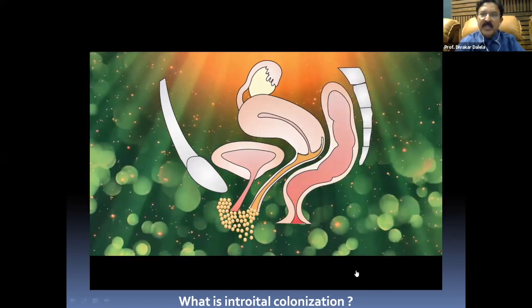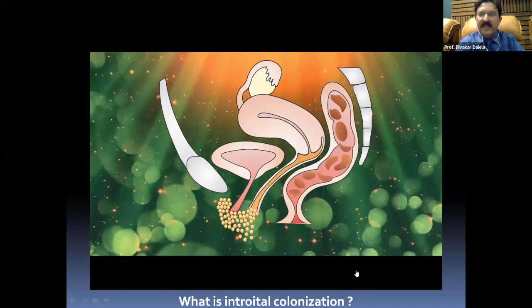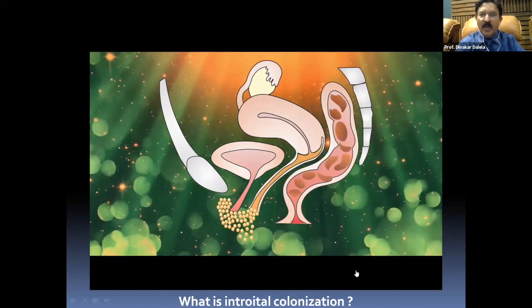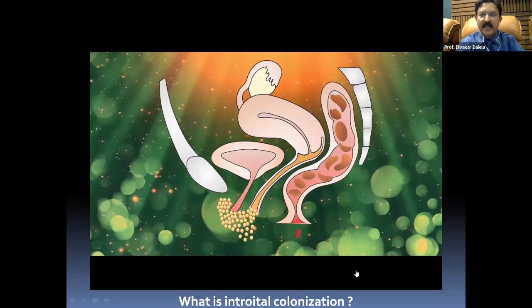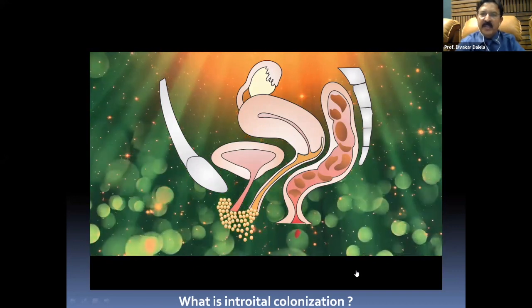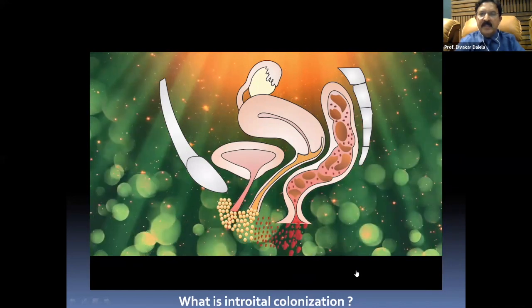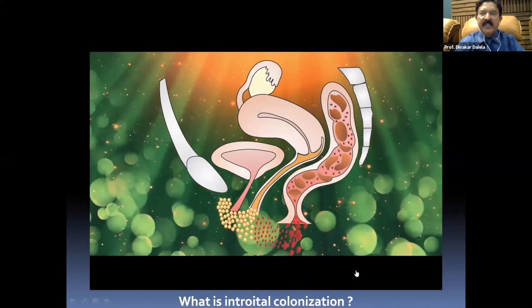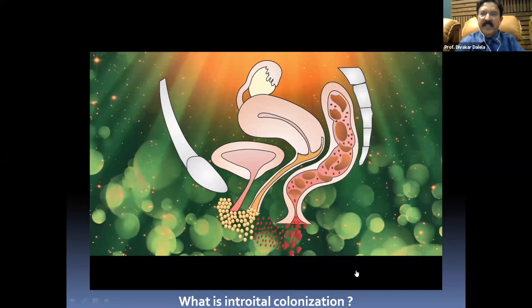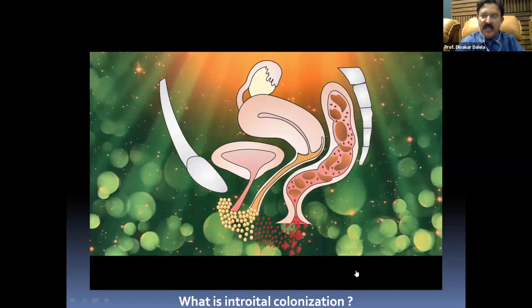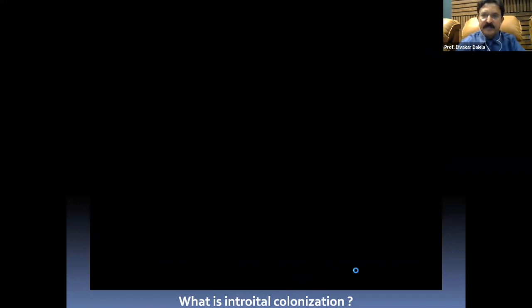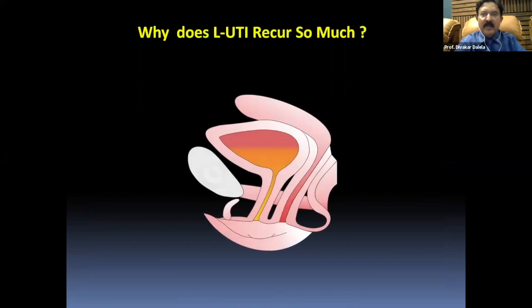Behind the uterus, you have the rectum, wherein fecal matter gives rise to a lot of bacteria, coliform bacteria. They also trickle down to the anal verge, and then they colonize the area of the perineum. If ladies don't maintain good hygiene, they get a lot of bacteria in the perineum, and this is what is called introital colonization. Because of this introital colonization, ladies get urinary infection again and again.